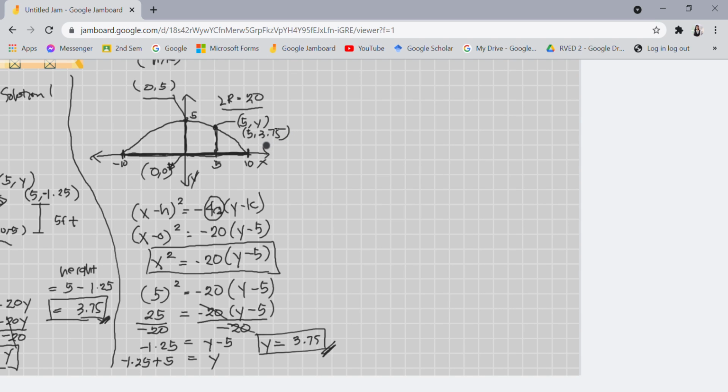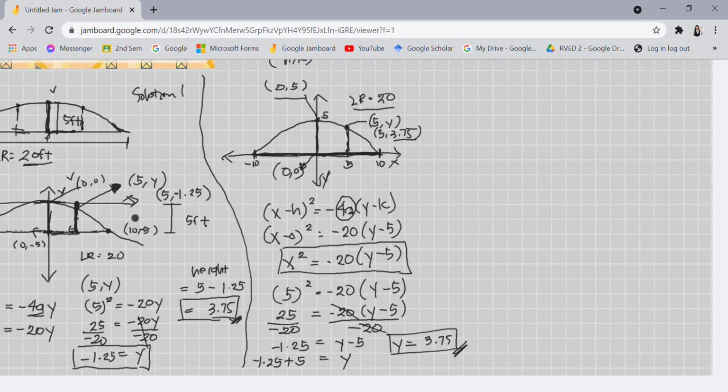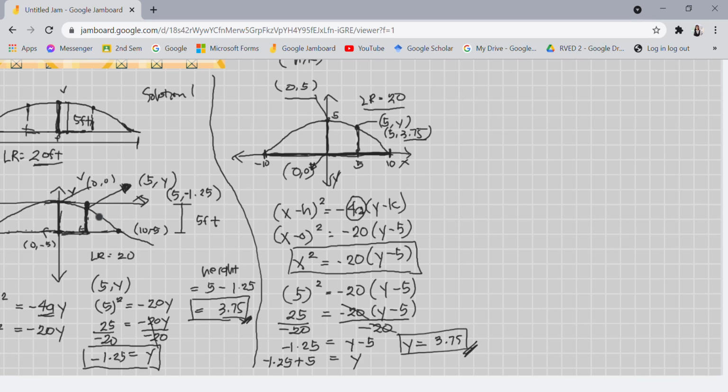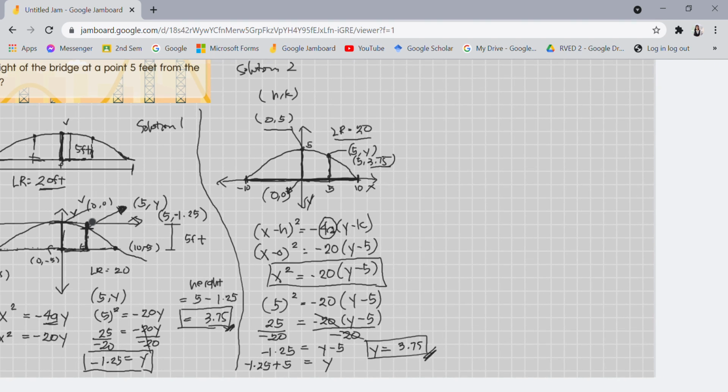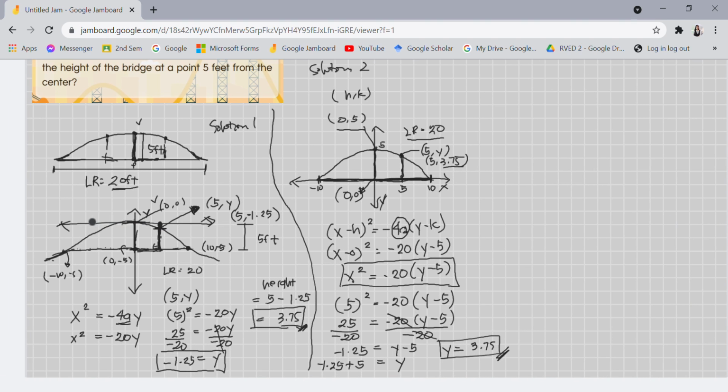So, tama lang na 3.75. However, dito sa kabila, iba yung pinag-uusapan natin. 1.25 is the distance from the axis going down. Okay? That is why nag-subtract pa tayo sa 5 to get yung natitira sa loob ng curve. Yun po yung pinagkaibahan nila if magkaiba yung positioning natin in the Cartesian plane.